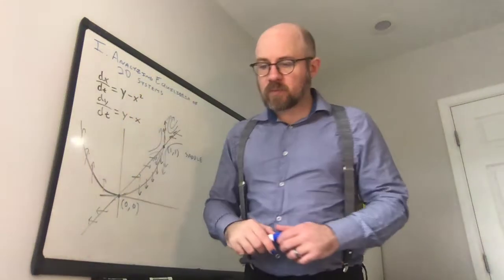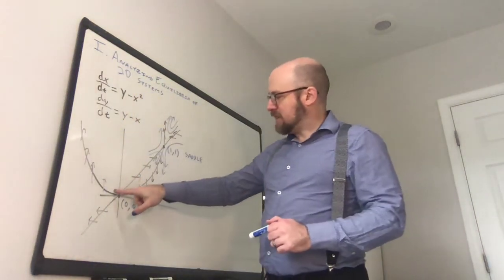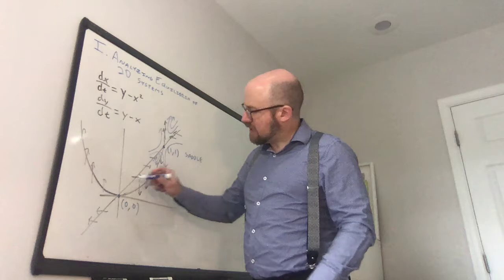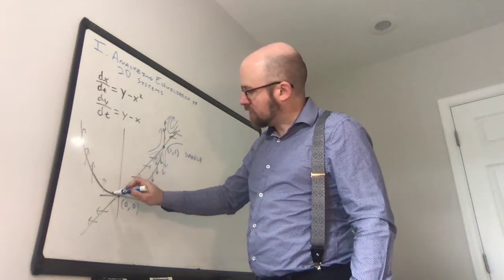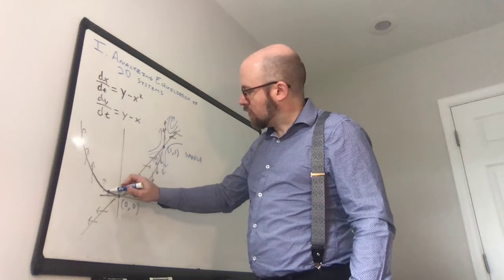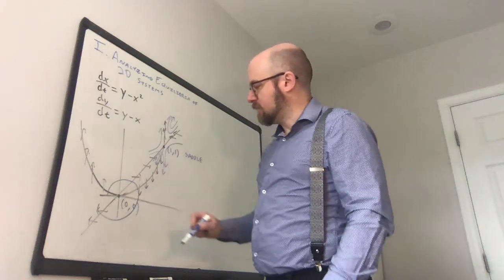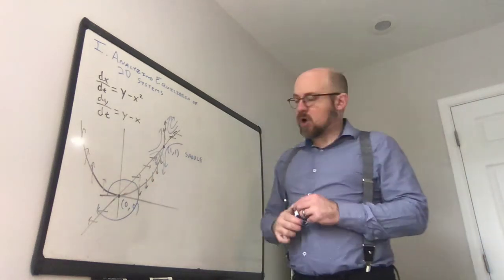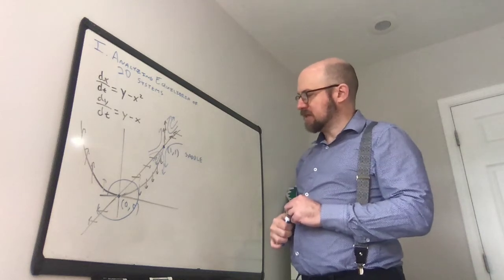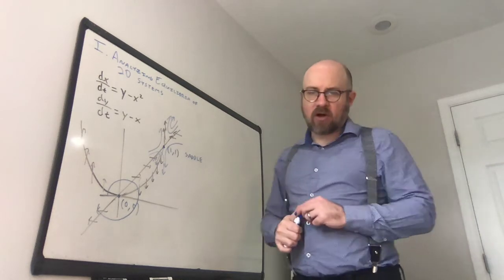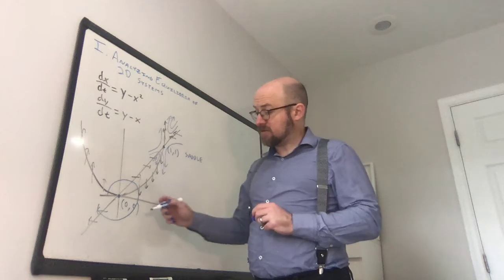Okay? The other point here, you can see the arrows. If you follow the arrows around (0, 0), you can see there's this general curve. And in a situation like this, it's harder to see what's going on because there's actually a lot of different things that can go on.